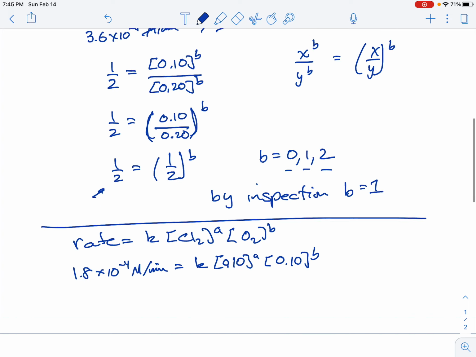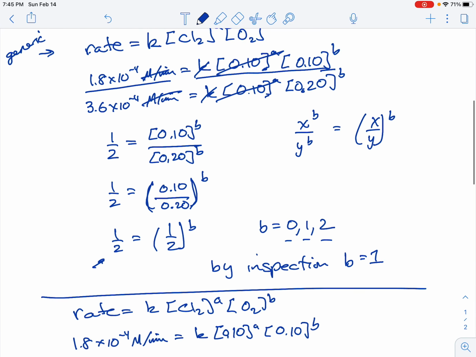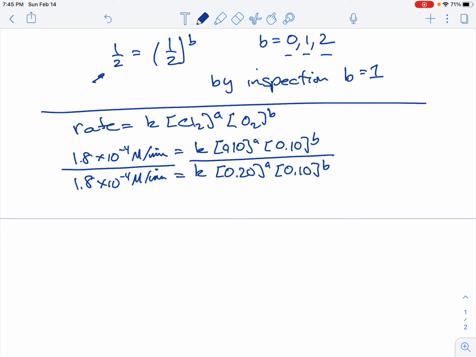Now, for experiment 3, the only change is this 0.2 over here in the Cl2. So this is, again, 1.8 times 10 to the minus 4 molar per minute equals K times 0.20 to the A times 0.10 to the B. Same sneaky math trick, divide top by bottom. Ta-da!